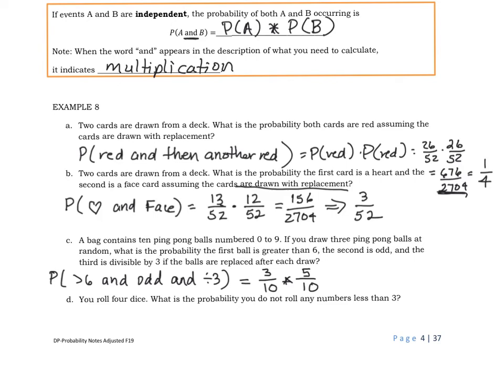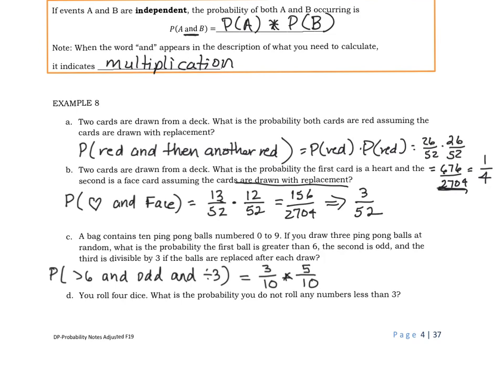So 0 is divisible by 3. 3 and 6 and 9 are all divisible by 3. So times 4 out of 10. So that gives us 60 over 1,000. Reducing informally here, dividing by 10 gives me 6 over 100. Dividing by 2 gives me 3 over 50.